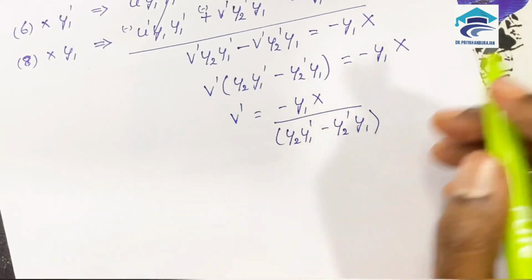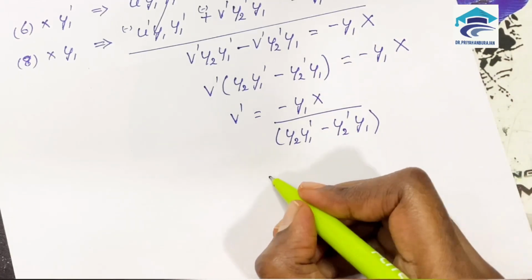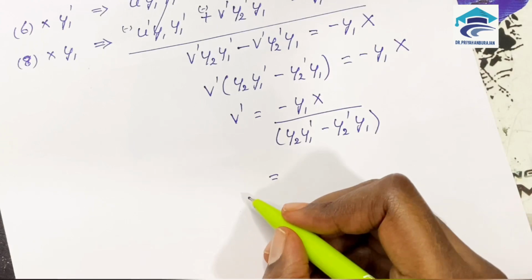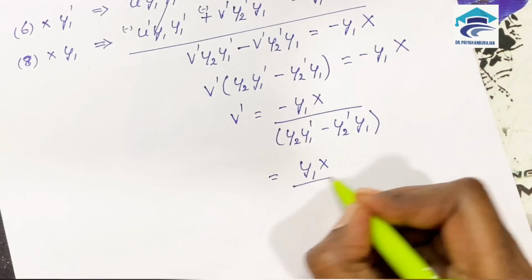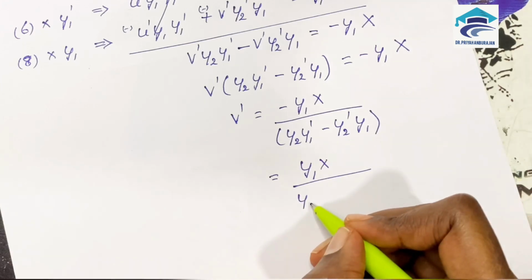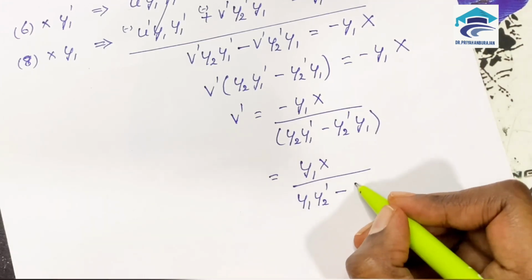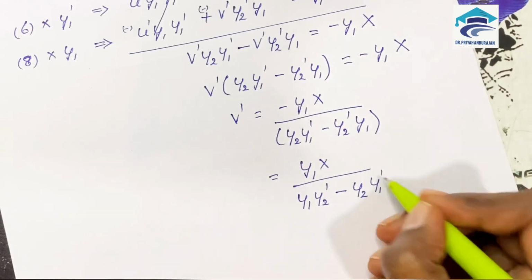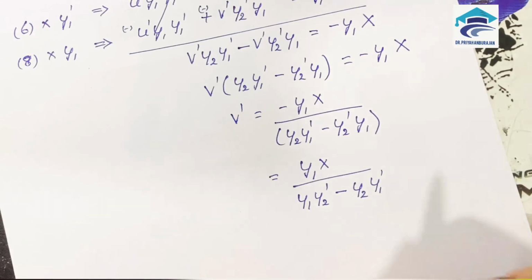Now look at this. This is the Wronskian determinant, but we need to alter this a little. Let me take this negative sign outside, so that I will be getting y1x by y1 y2 dash minus y2 y1 dash. So this will be the Wronskian determinant.